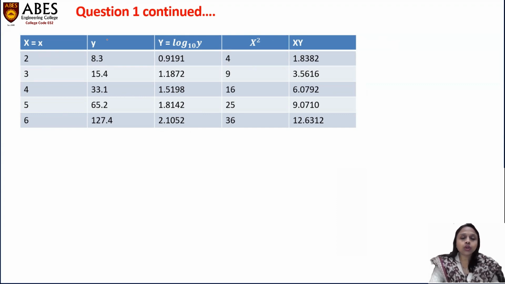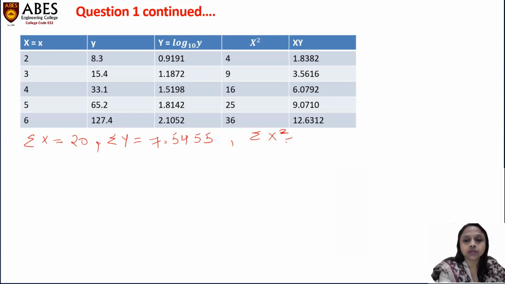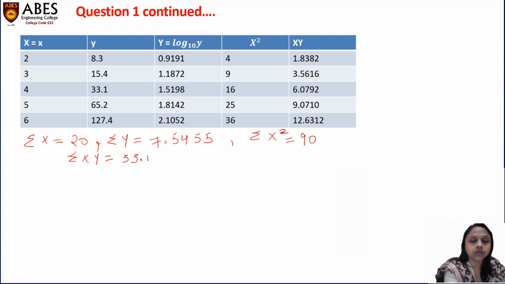Now, to put the values in the equations, we need summation of x, that is 20, summation of Y, that is 7.5455, summation of x square, which takes the value 90, and summation of X into Y, which takes the value 33.1812.